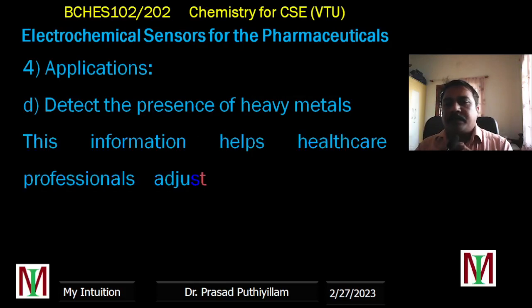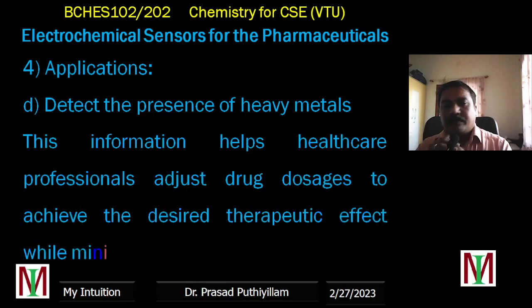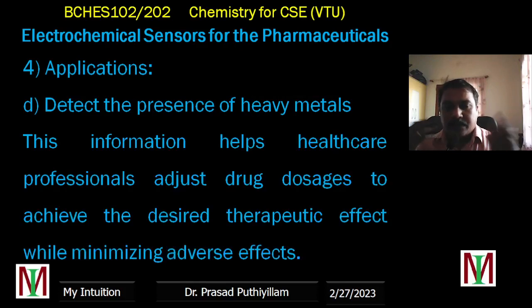So this information about the different impurities present, or the therapeutic level, or the presence of heavy metals, will help the healthcare professionals, those who are working in that field, to adjust the drug dosage, how much drug has to be given for a particular disease, for a particular person, for a particular age group, to come to a conclusion.